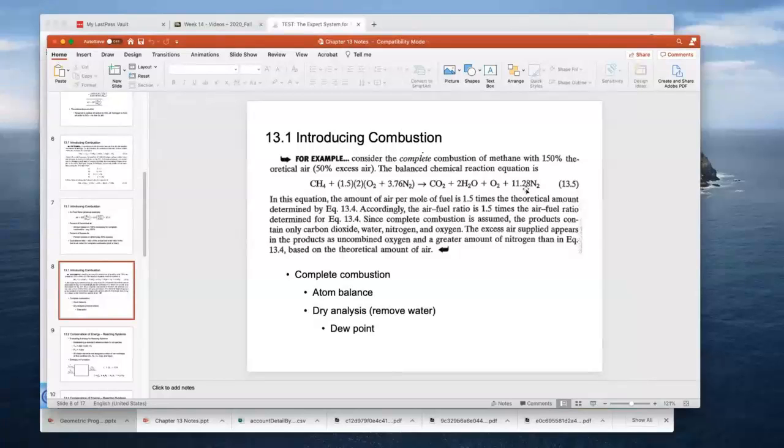A first law balance would then say that these components will rise to an adiabatic flame temperature, such that the products' enthalpy equals the reactants' enthalpy. And so we're going to perform this calculation.